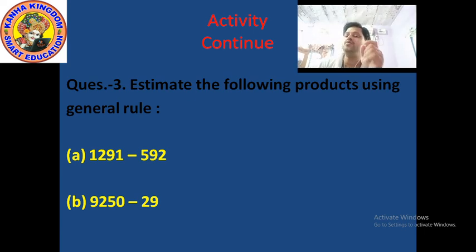Okay, and when you convert this number to the nearest 1000, you keep in mind two things. Which two place values? The 100 place value and the 1000 place value. And here also you keep in mind two rules. If the 100 place value is less than 5, then you convert the 100 place value, tens place value and ones place value into 0, and nothing changes in the 1000 place value.